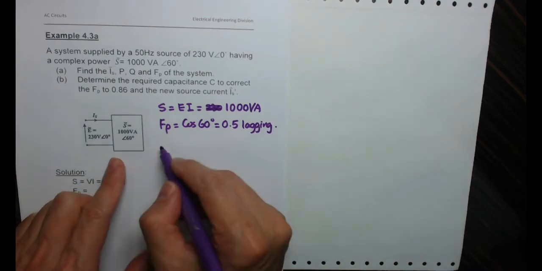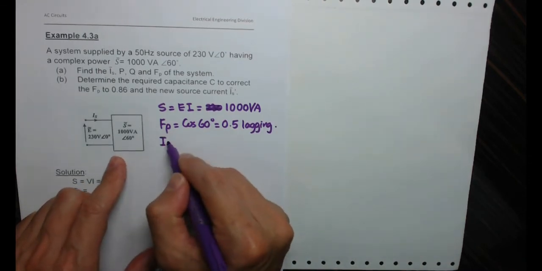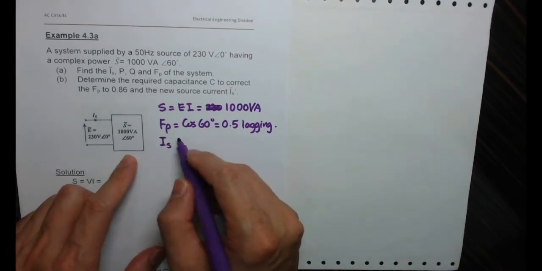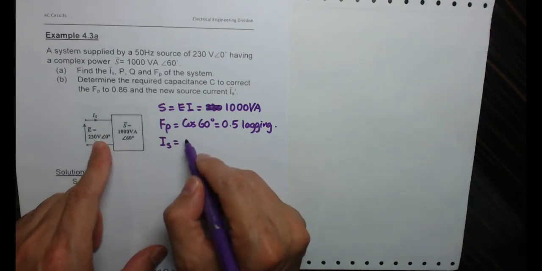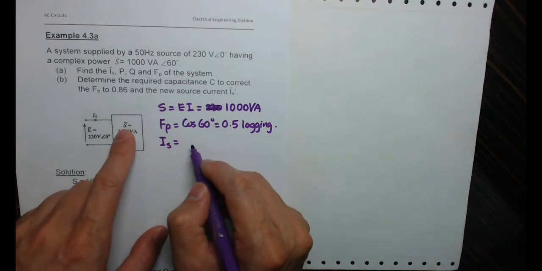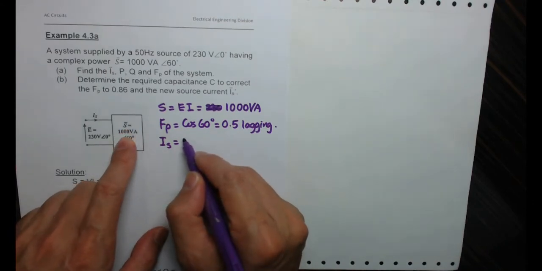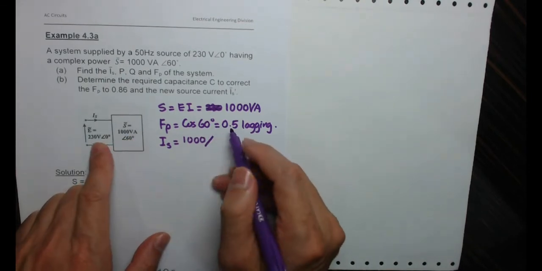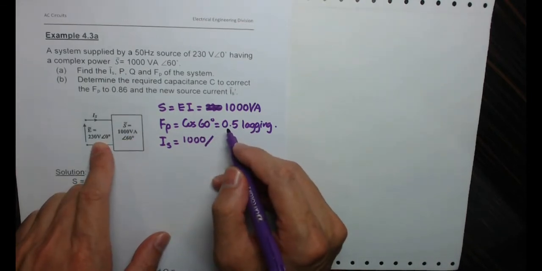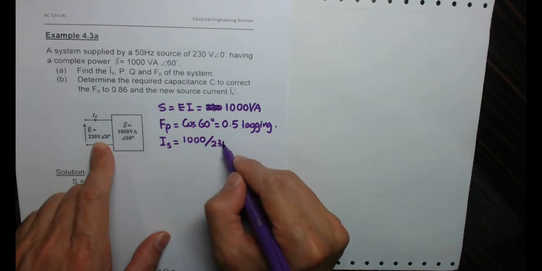And the current IS, the magnitude of it, is just the apparent power divided by the voltage 230.